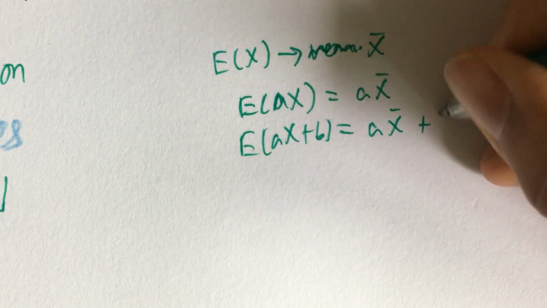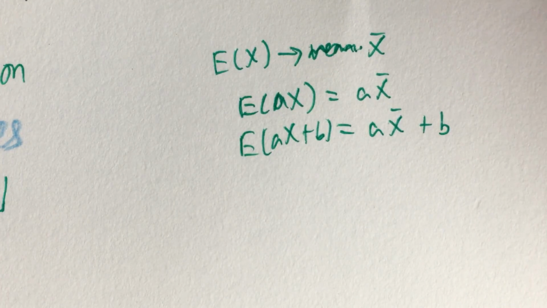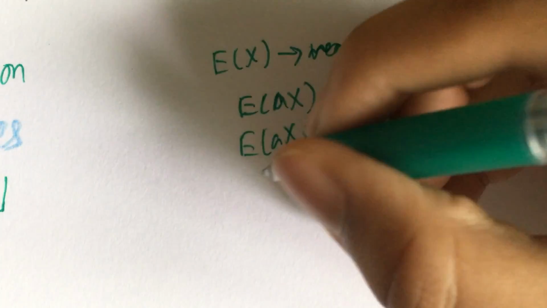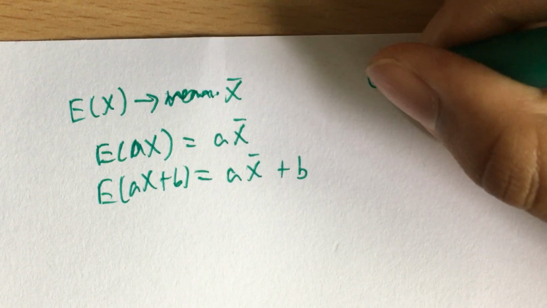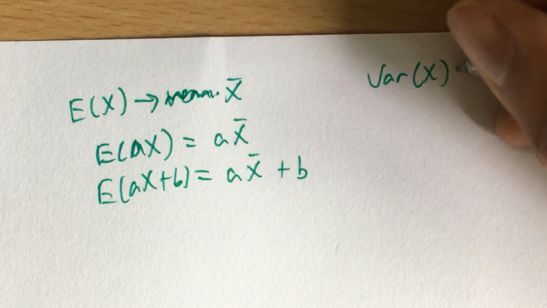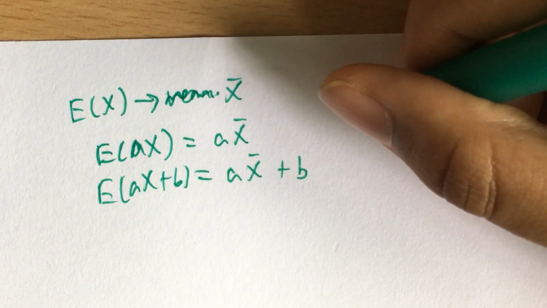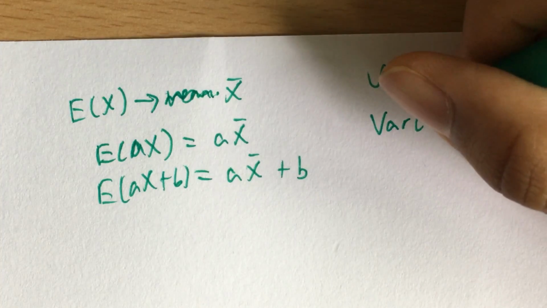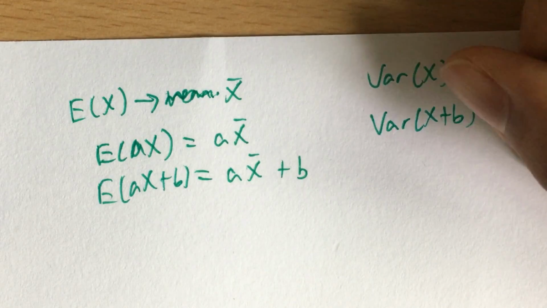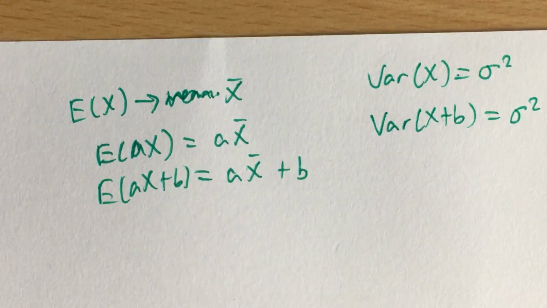But when it comes to variance, you would need to do something else, because variance is about the deviation from the mean. So if you have your x and you're just saying variance of x plus b, you don't need to change it at all. It's the same variance, because if you think about it, when you add b to all of the values, the difference doesn't change.